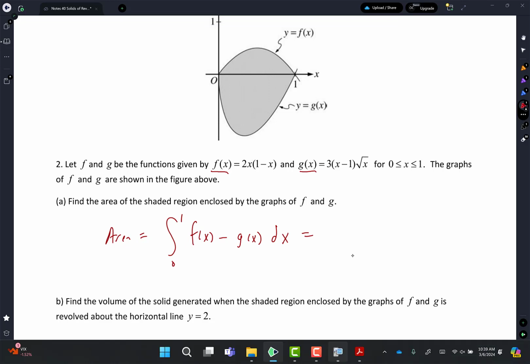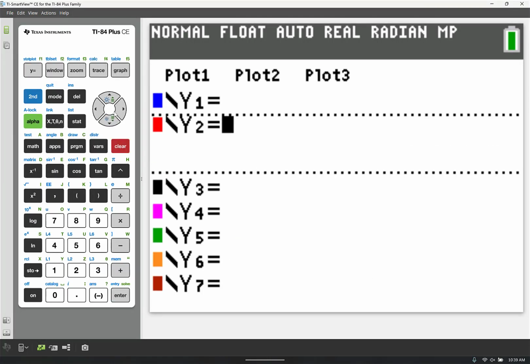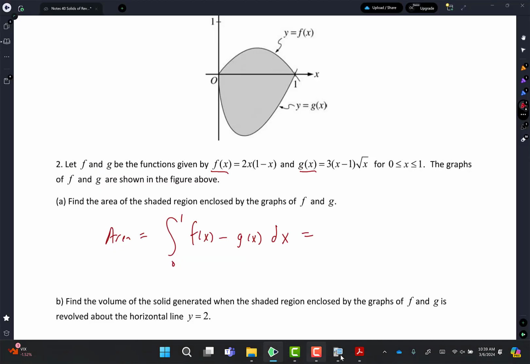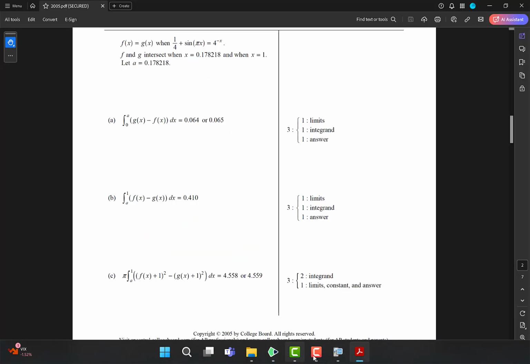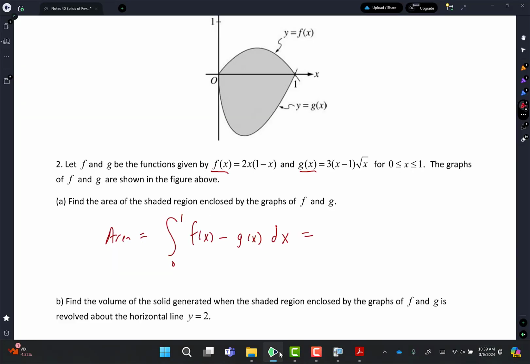I would type in f of x into y1, g of x into y2. Two x, 1 minus x. Three x minus 1 squared of x.